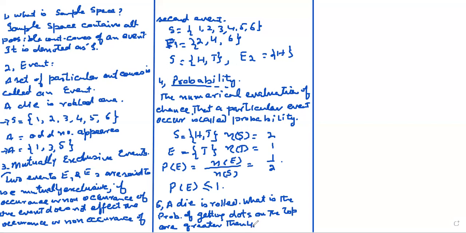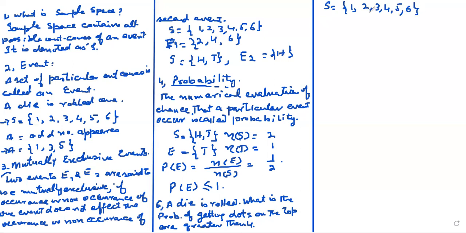So now we have to do two things. Number one, the sample space. S equals 1, 2, 3, 4, 5, 6, because one die is rolled only once. These dots may appear.